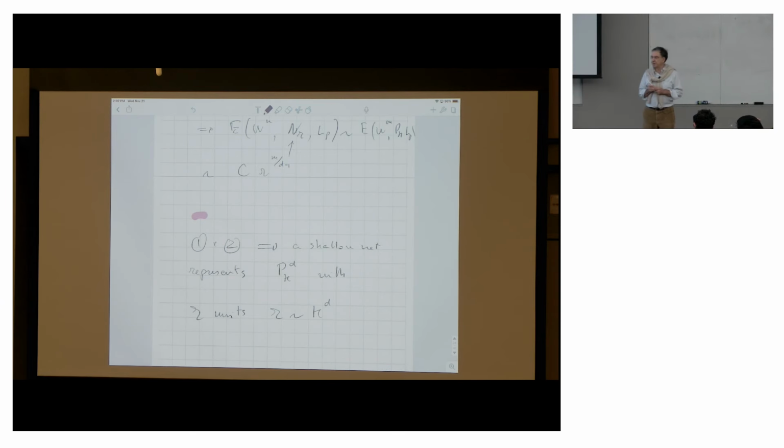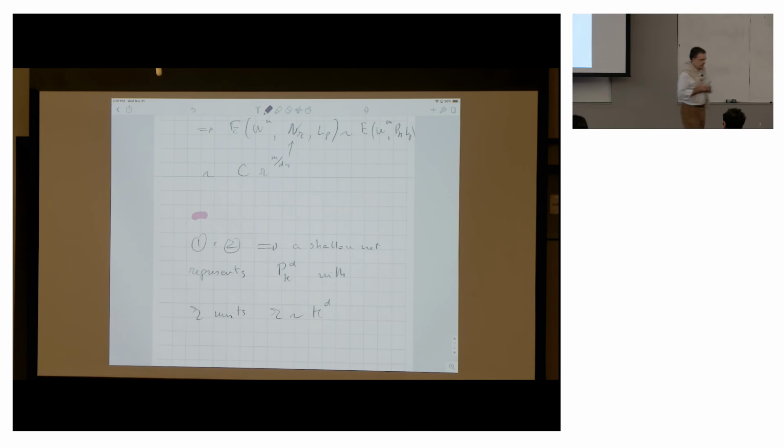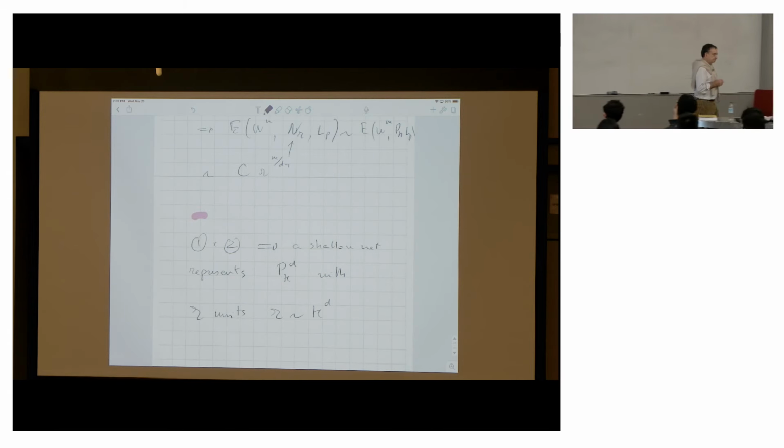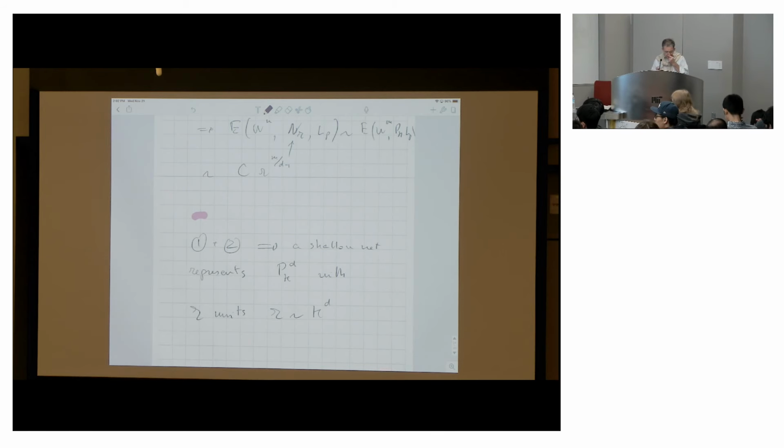A lot is known about polynomials, and this is no exception. We get these results about neural networks going through the polynomials.